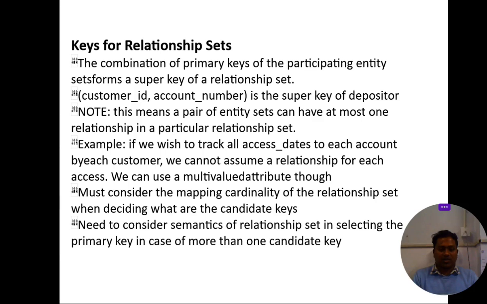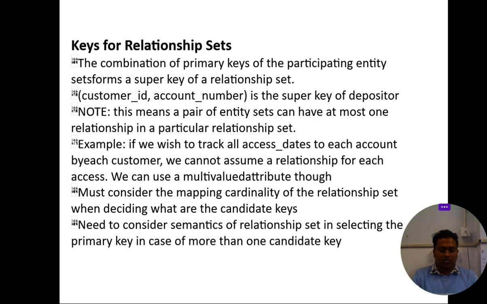So now come to keys for relationship sets. The combination of primary keys of the participating entity sets forms a super key of a relationship set. Customer ID and account number is the super key of depositor. Note, this means a pair of entity sets can have at most one relationship in a particular relationship set.